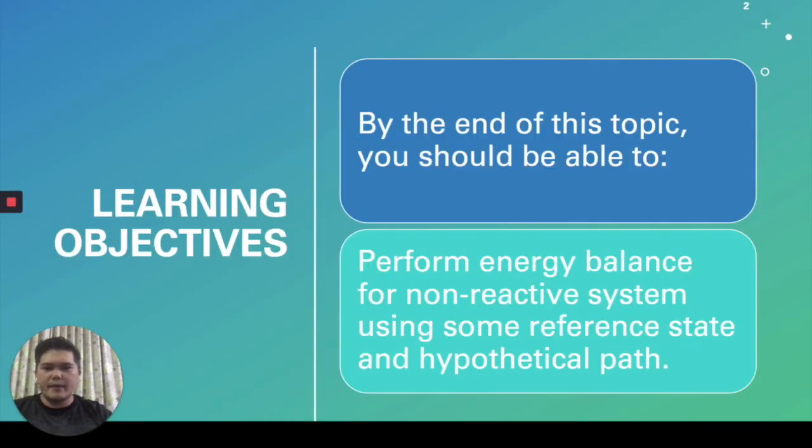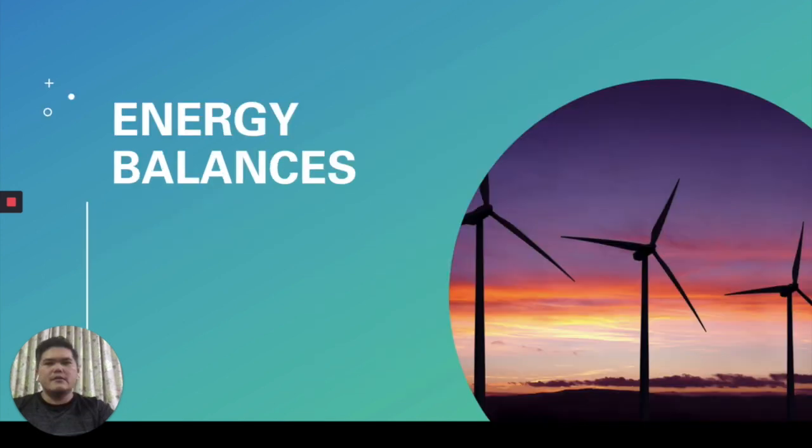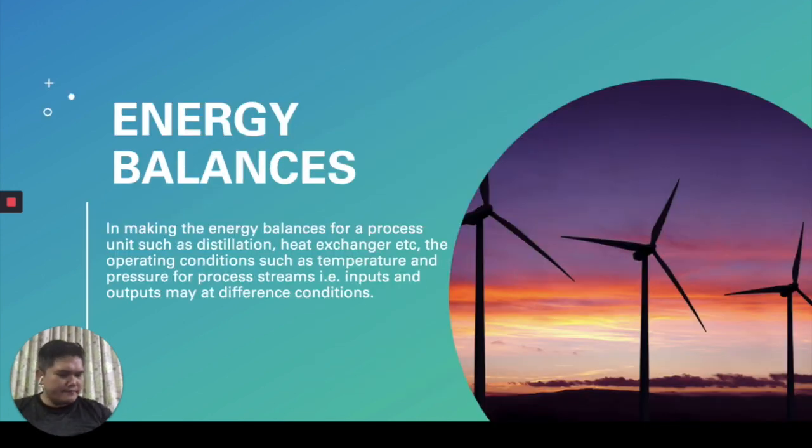By the end of this topic, you should be able to perform energy balance for non-reactive systems using some reference state and hypothetical path. So in terms of the energy balance, if, let's say, we are making an energy balance for certain units such as distillation, heat exchanger, absorption column, etc., the operating conditions such as the temperature and pressure for process streams, such as the input and the output, may be different.